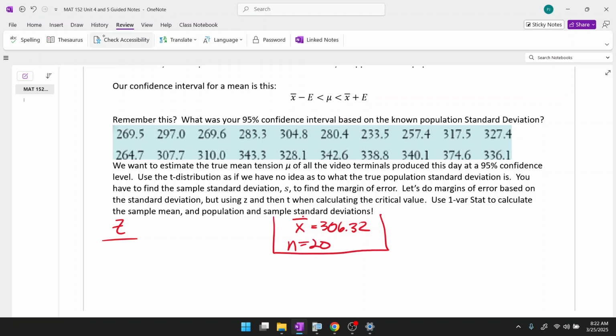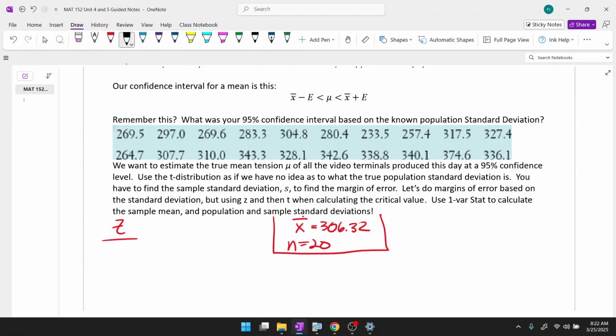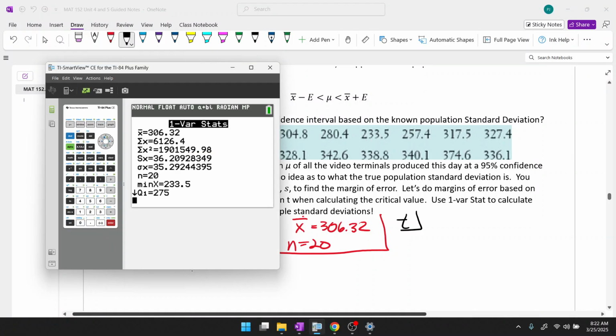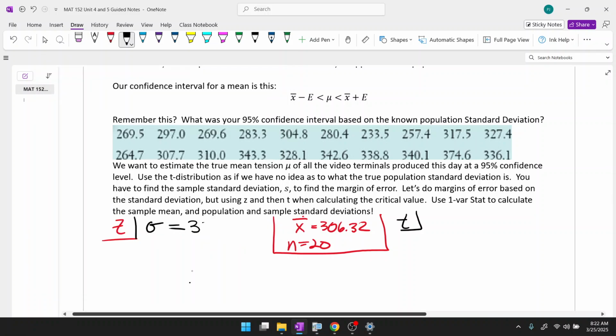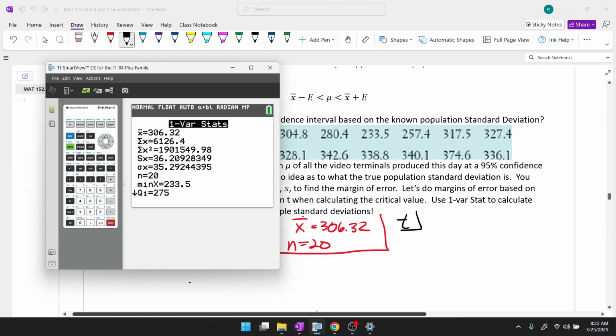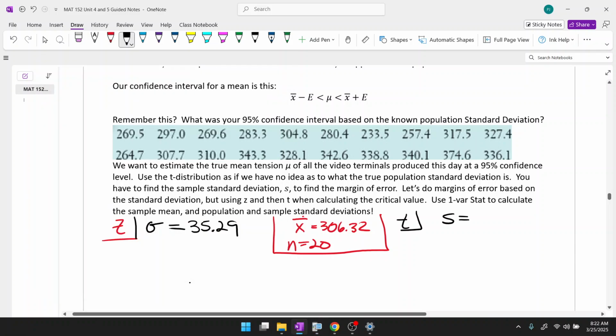I'm putting this in the middle because that's going to be the same value. For Z, we're going to use the population standard deviation, which is 35.29. For T, you would use the sample standard deviation, which is 36.21.